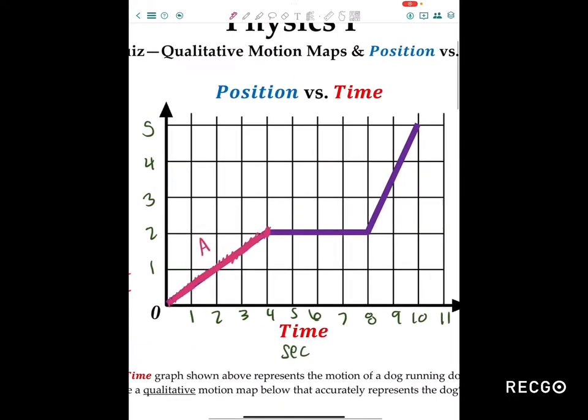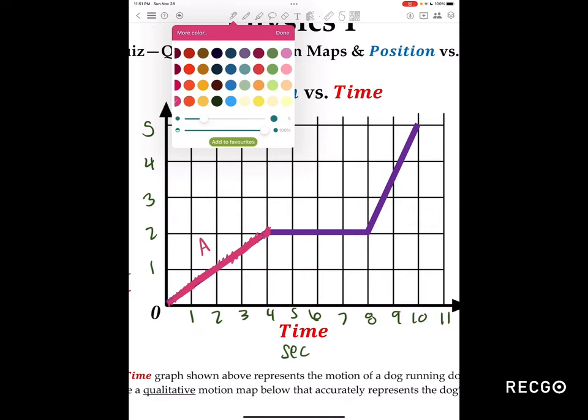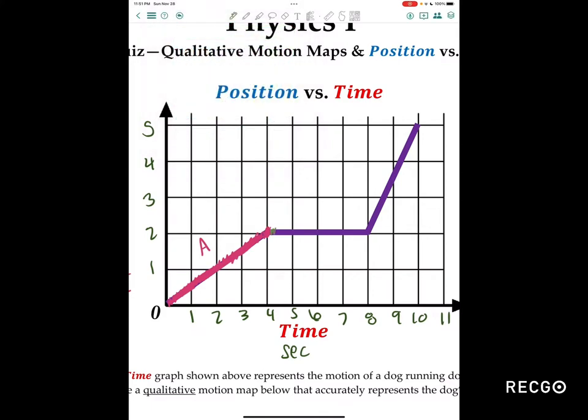And then let's choose a different color for line B. We'll do green. Oh, I totally forgot to mention this, but line A is moving in a positive direction, and we know that because it is moving up, which means it's going to be moving right on our motion map.